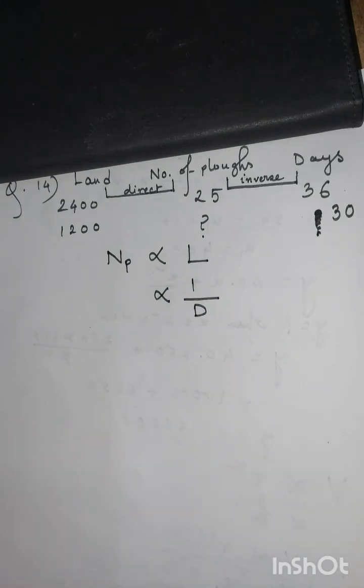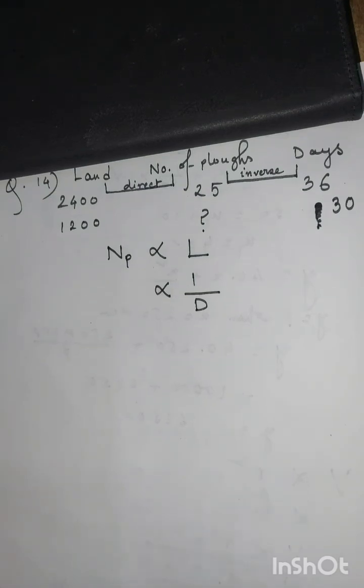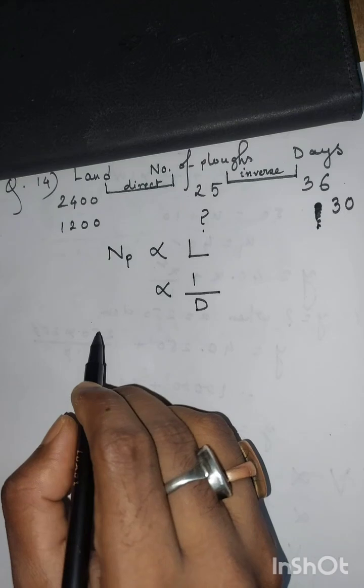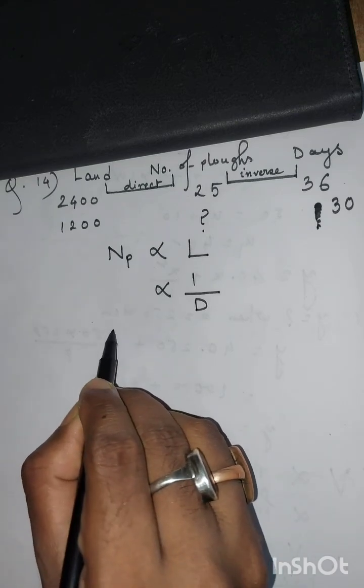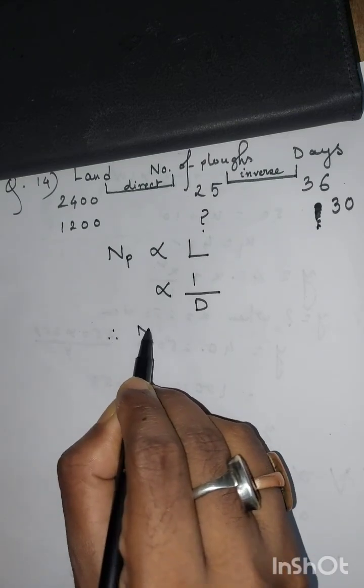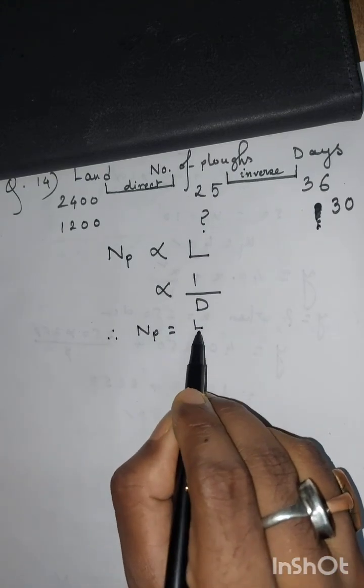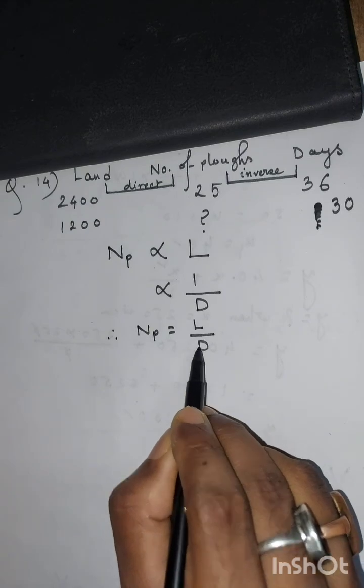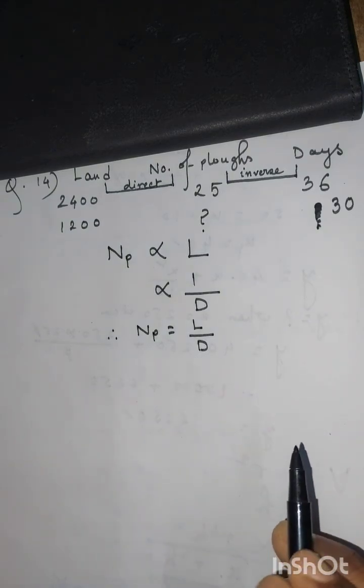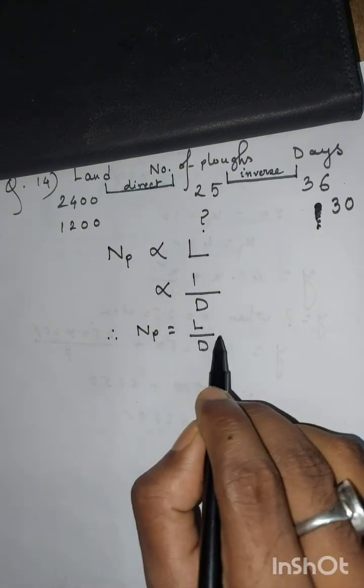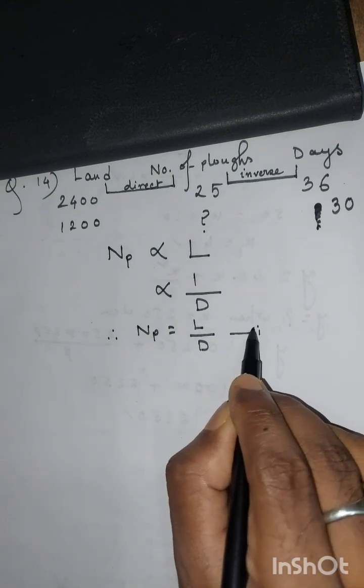Now let us combine these two relations. So it becomes, therefore, NP equal to k L by D. Let us say this is equation 1.